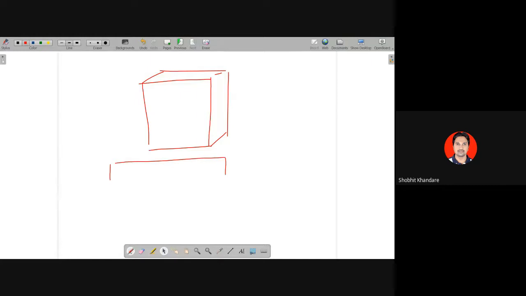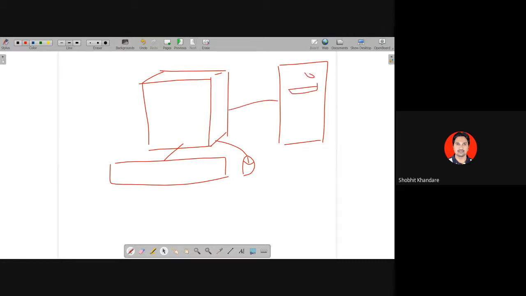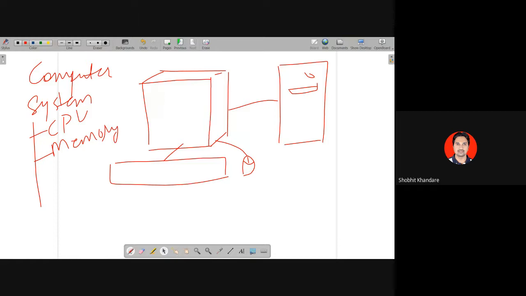There is a keyboard, there is a mouse, there is a cabinet. Okay, so if I talk about the computer system, it consists of CPU, it consists of memory, it consists of IO, and it consists of system bus.